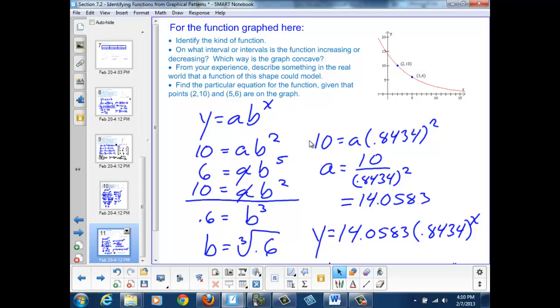For our exponential function, again, we take our system of equations and use division to eliminate a variable. When we have our unknown raised to a power, we can reduce to the first power by taking the reciprocal of our power. So b cubed gets reduced to b by taking the third root of both sides.